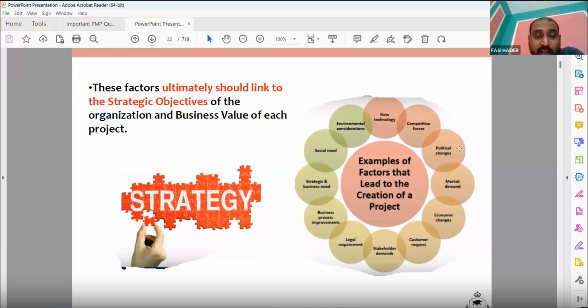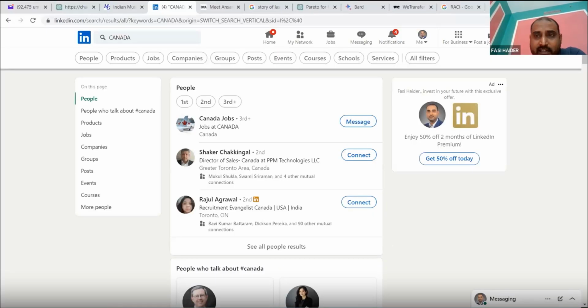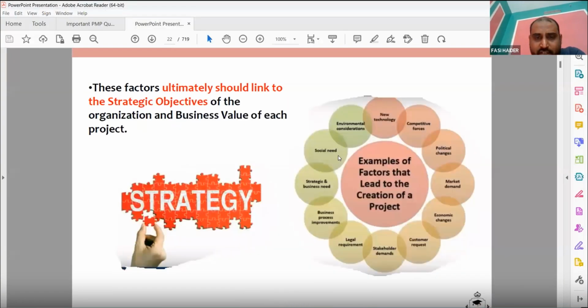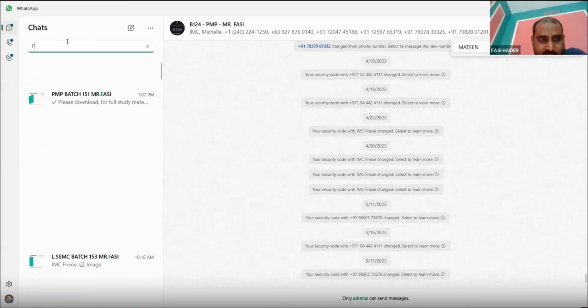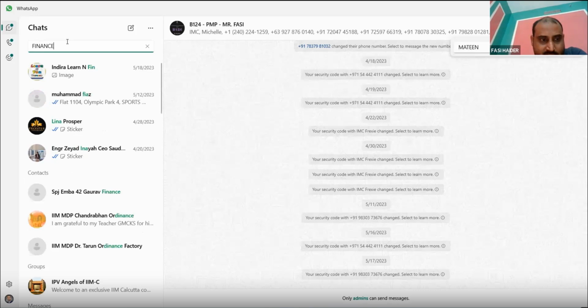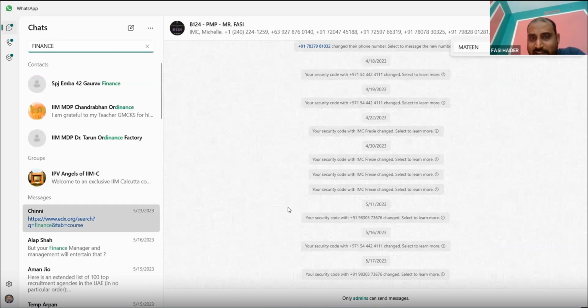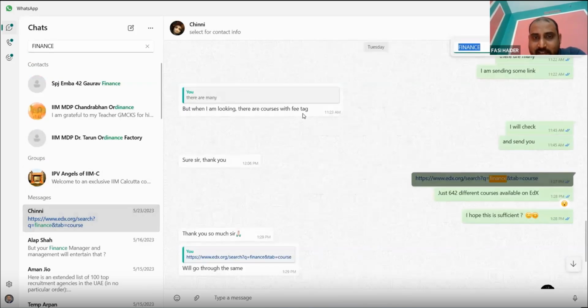For that, I also told everybody in the beginning that there is edx.org and other places where you can do courses. In one of the batches, a participant contacted me saying he wants to do a finance course and cannot find one for free. I told him there are courses with free fees.